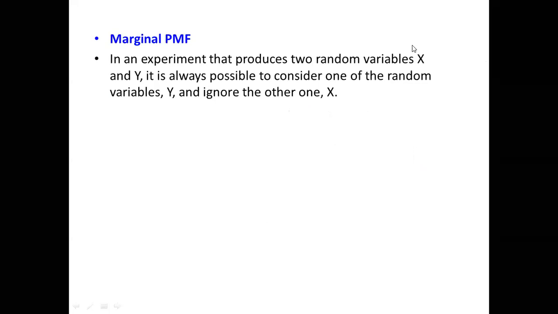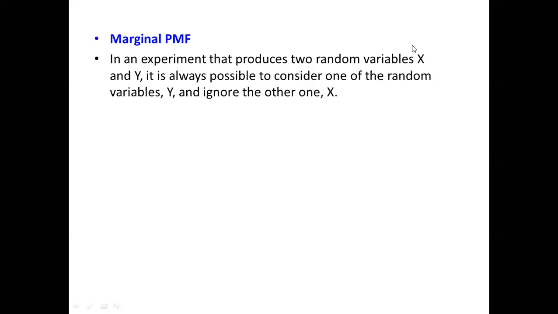Okay. In an experiment that produces two random variables x and y, it is always possible to consider one of the random variables y and ignore the other one x. What does it mean? Remember one thing, in the previous chapters, we have taken either x or y, that is a single random variable.